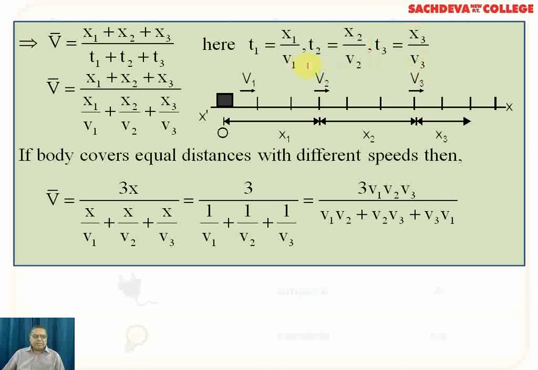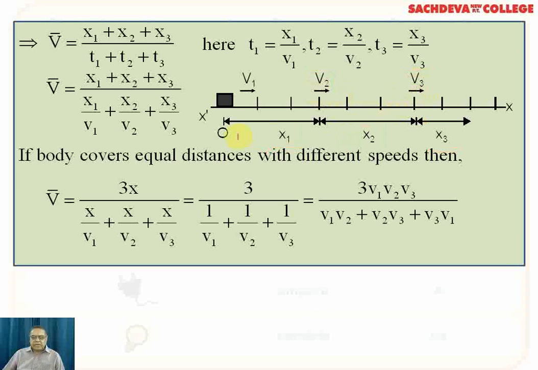We know that average speed is x1 plus x2 plus x3, and in the denominator t1, t2, t3 will be replaced by x1 over v1, x2 over v2 and x3 over v3. Now this is very clear from the figure, that v1 is the speed for distance x1, v2 is the velocity for distance x2 and v3 is the velocity for distance x3.